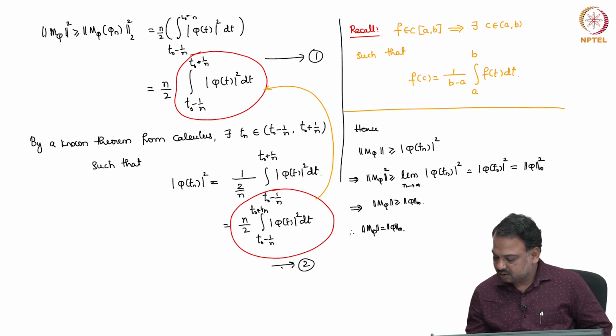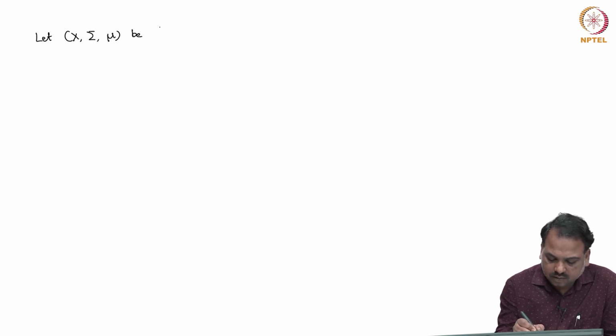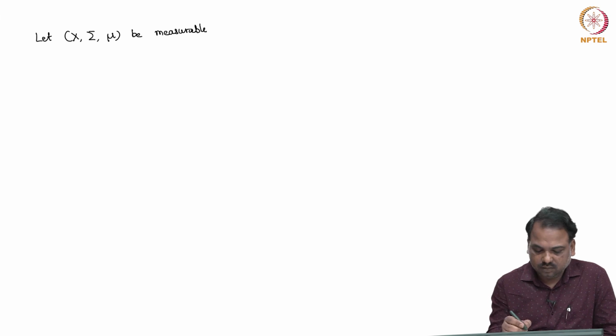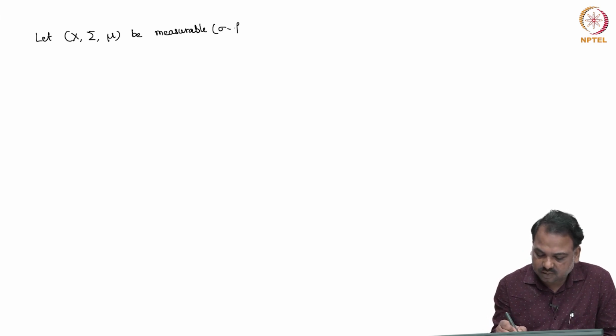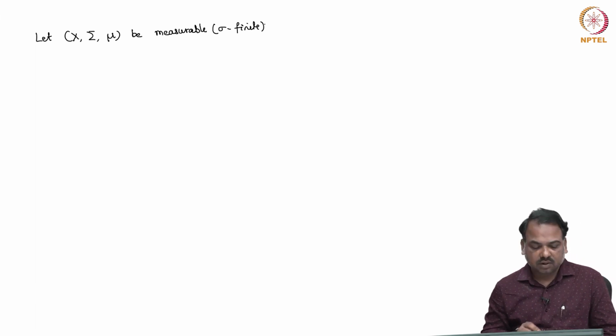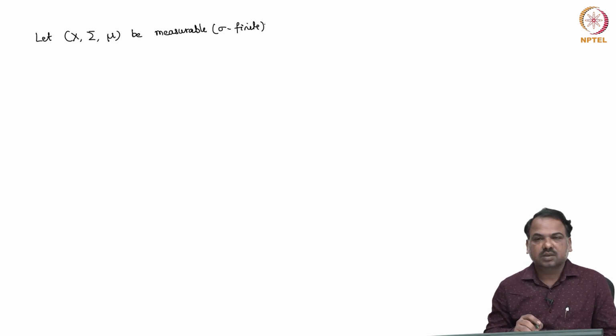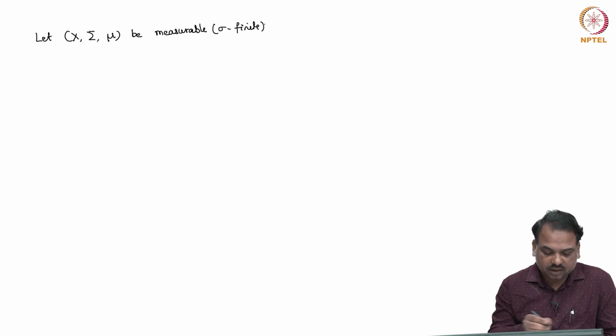Okay, now this example can be generalized. Let X, sigma, mu be a measure space. We can take a sigma finite measure space, which means X can be written as a countable union of sets Xn whose measure is finite.